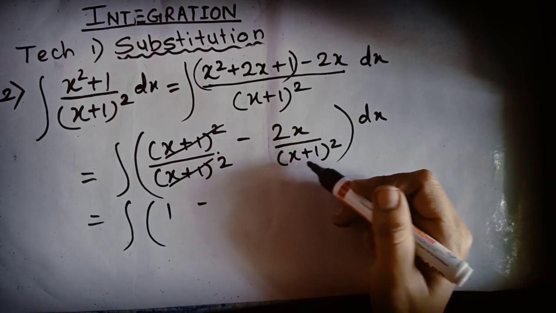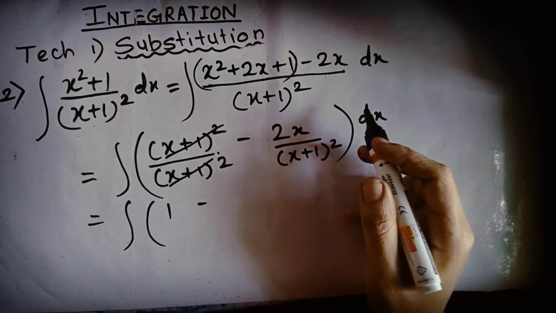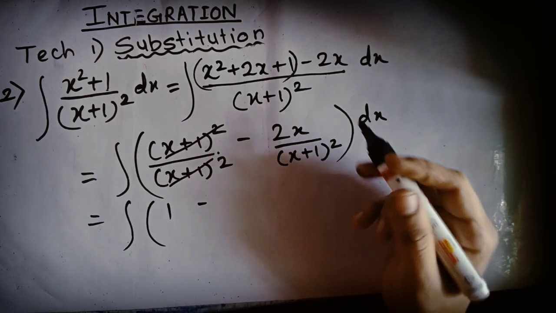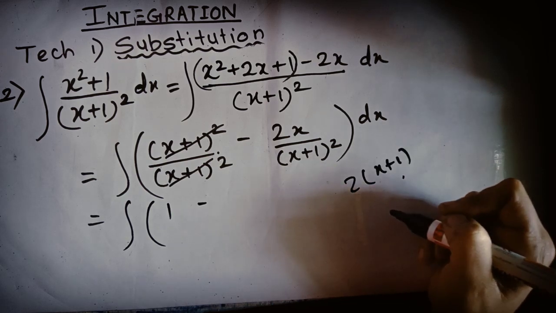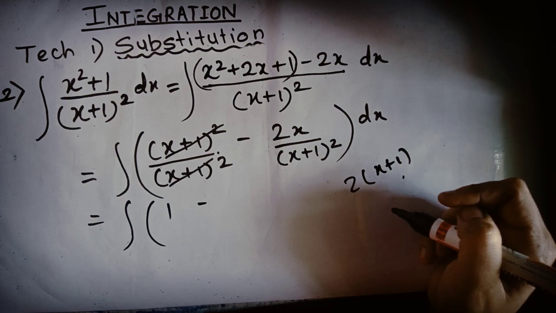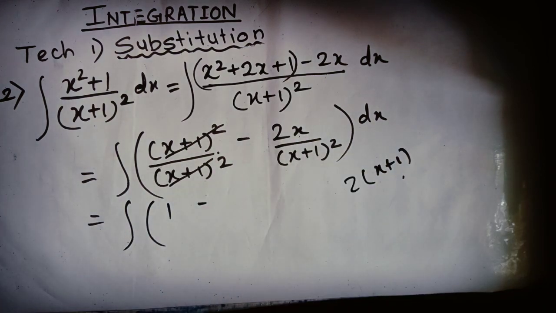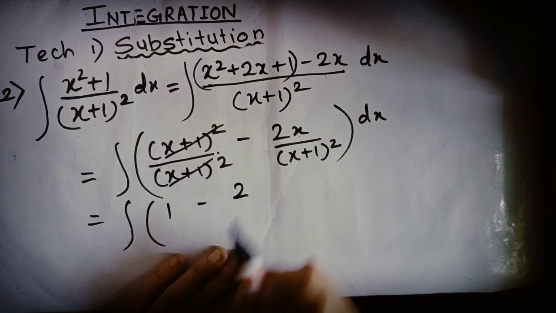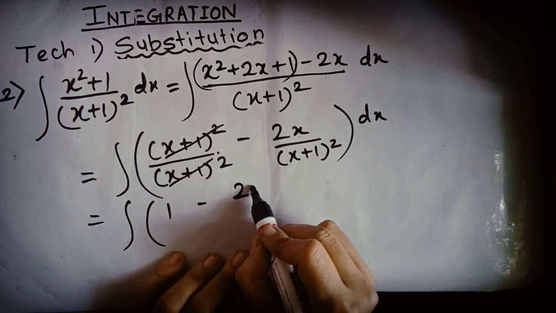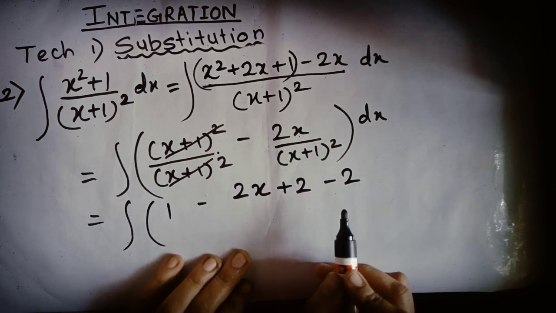So if I take x plus 1 the whole square as t, then the dt will be 2 times x plus 1, right? So I have to write this x in the form of x plus 1. How can I write it? I can write this as 2x plus 2 minus 2.